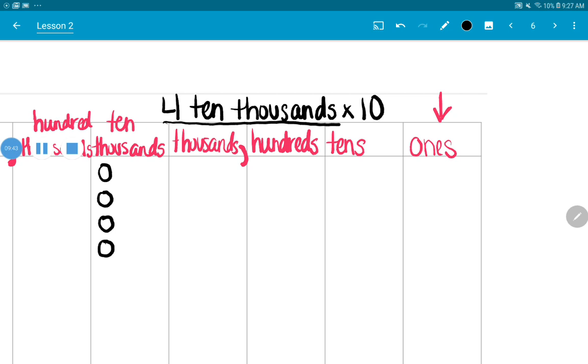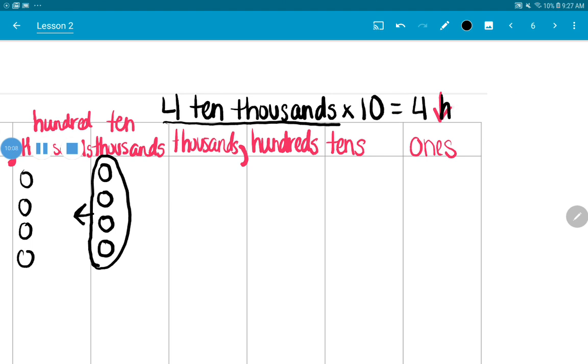So if that gets 10 times bigger, what happens to that 4 10,000s? It gets 10 times bigger, so it moves to the 100,000s. So what is 4 10,000s times 10? 400,000.